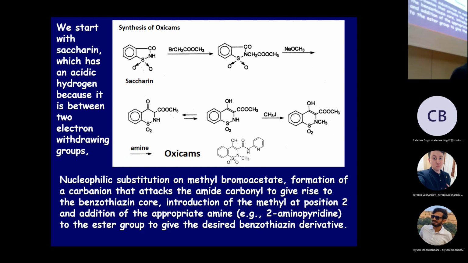So, if you see the chemical structure of saccharin, you see that there is the benzene ring. But the other ring is a 5-member ring, but we need a 6-member ring. How is it possible to enlarge the number of atoms of the second ring?